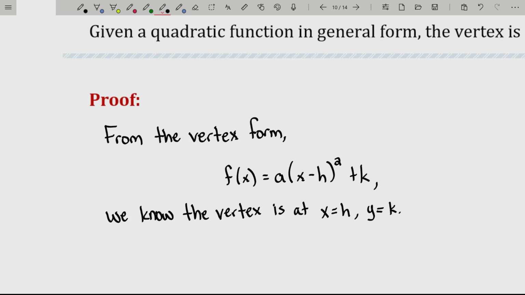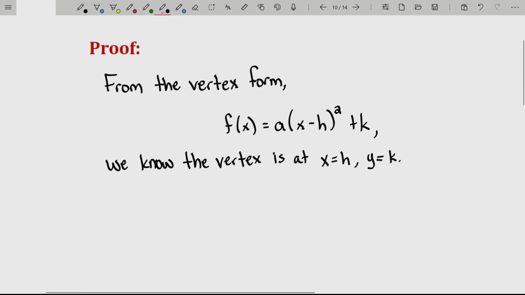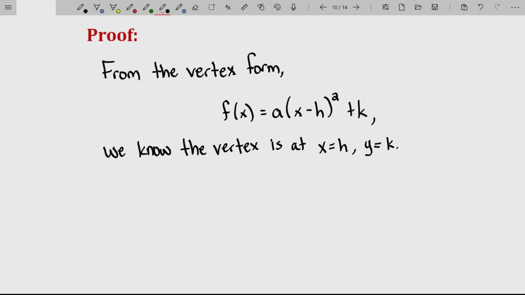That's how the vertex form works. What we want to prove is that h is equal to negative b over 2a. Well, that's not going to be too terrible if we go ahead and multiply that out.